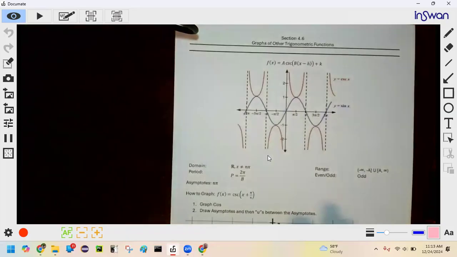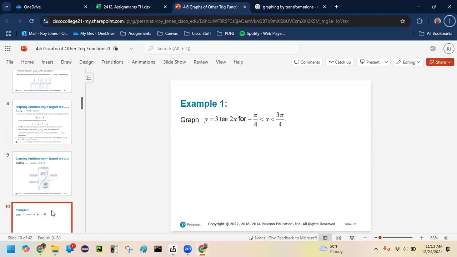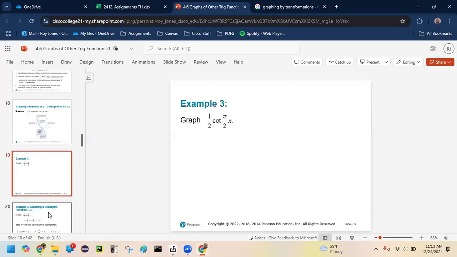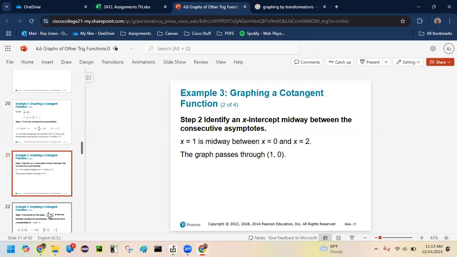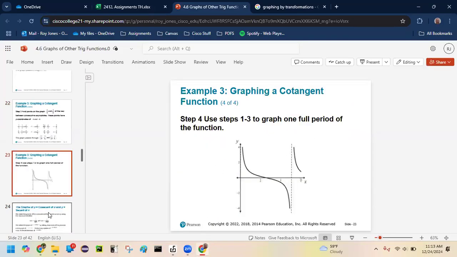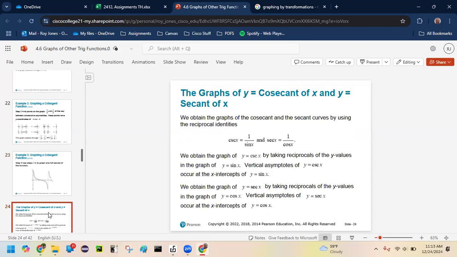We're going to move to the cosecant and secant. So cosecant is the reciprocal of sine, and secant is the reciprocal of cosine.